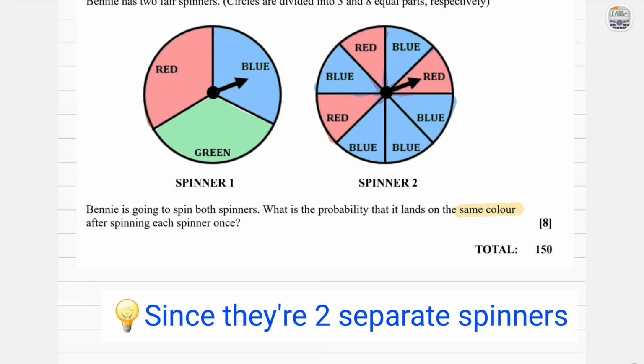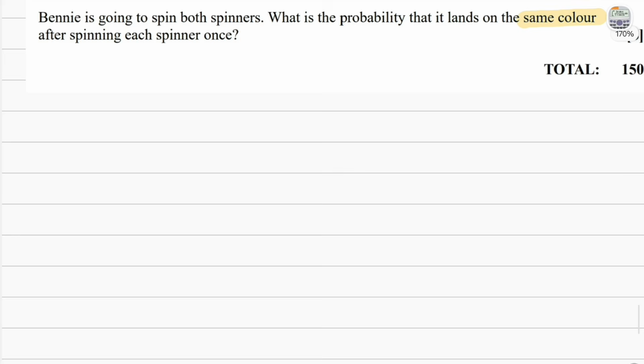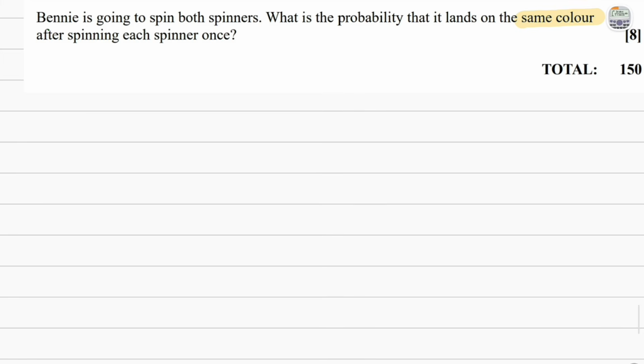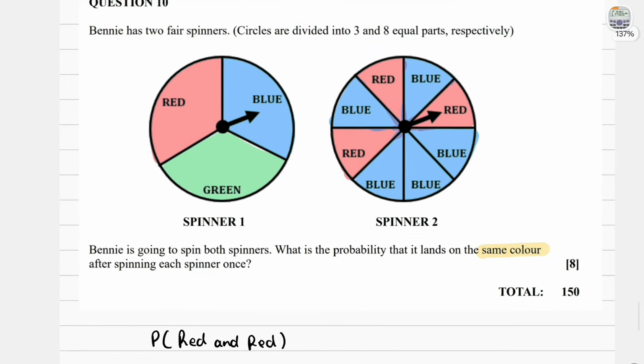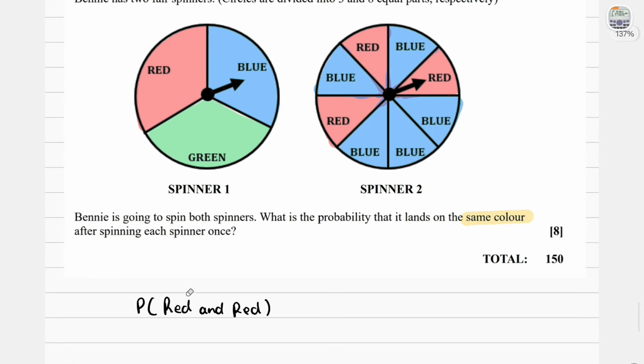So these are independent events that we have. And to find out the probability that they land on the same color, we're specifically looking for the probability of red and red. We can also look for the probability of blue and blue.